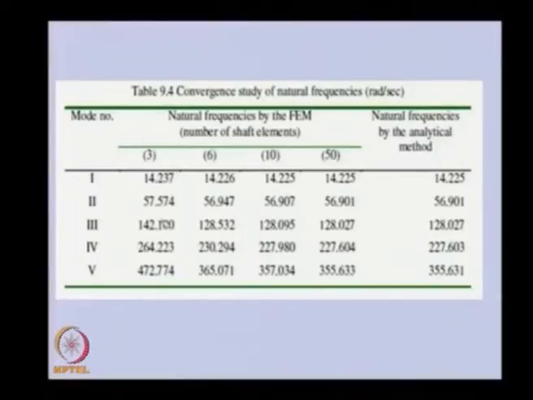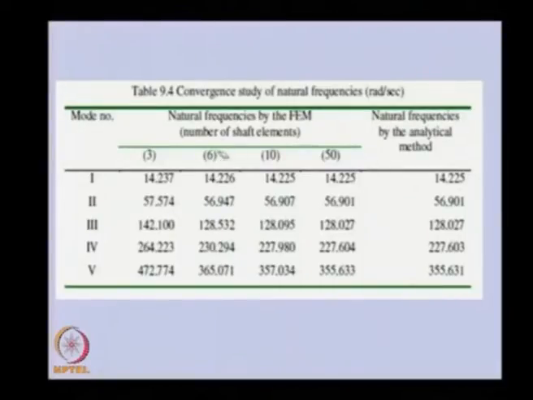If we do the same exercise for 6 elements, generally for this we need to program the assembly of the equations in a computer, so that we can increase the size automatically. We just need to change the number of elements, and the program should take care of how to assemble the equations. If the number of elements is more, how to apply the boundary condition should also be incorporated in the program.